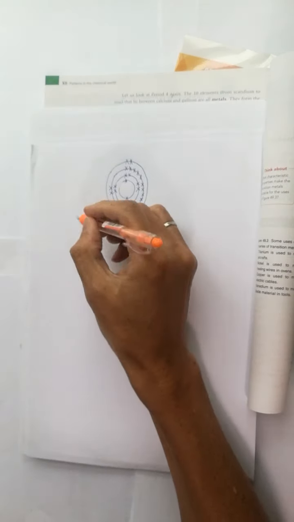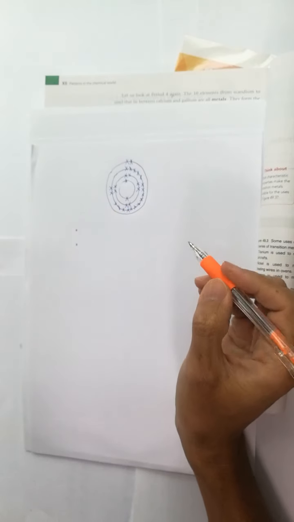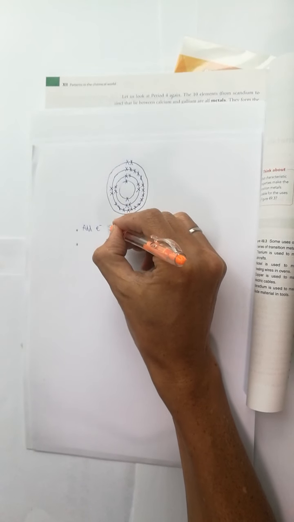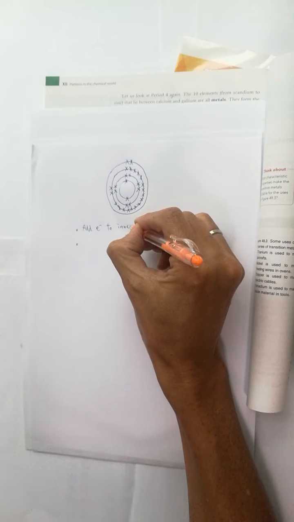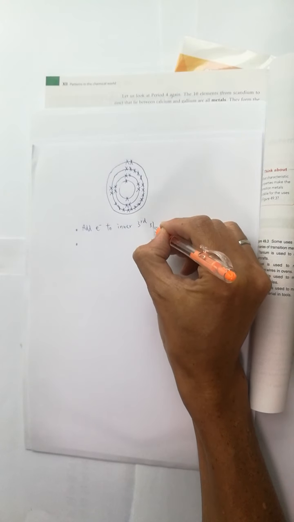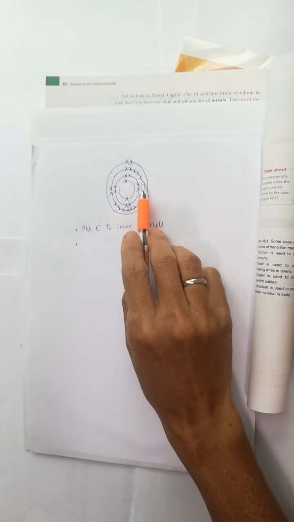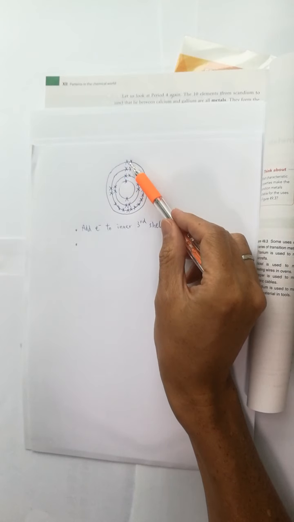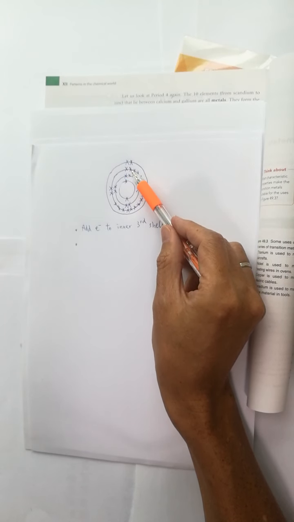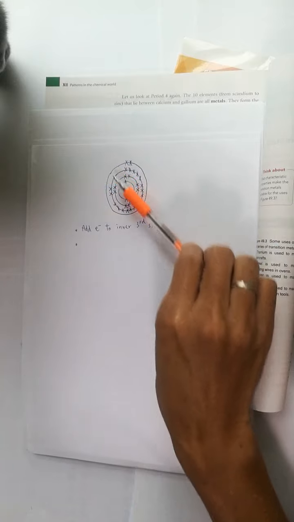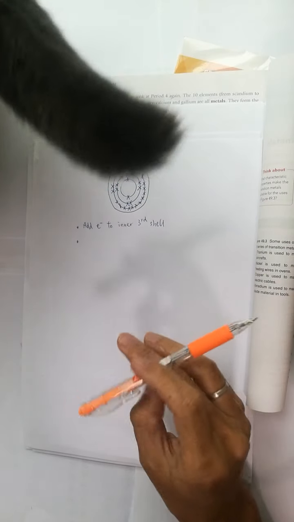You notice that there are 2 things happening. Number 1, we add electrons to the inner third shell. And this electron added to the inner shell causes an increase in repulsion on the shell 4 electron, so the electron is pushed away from the nucleus.